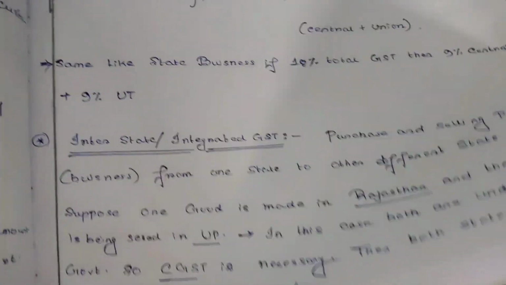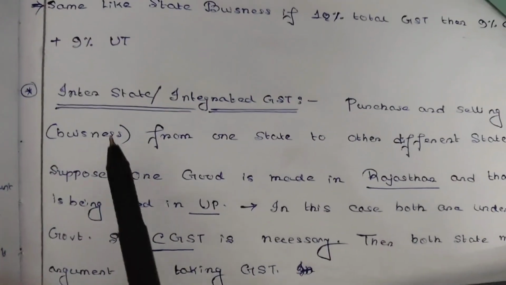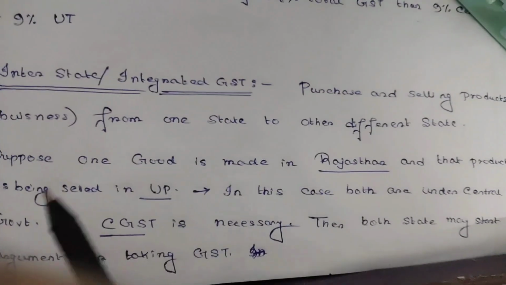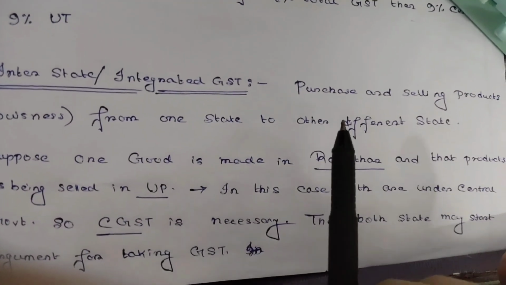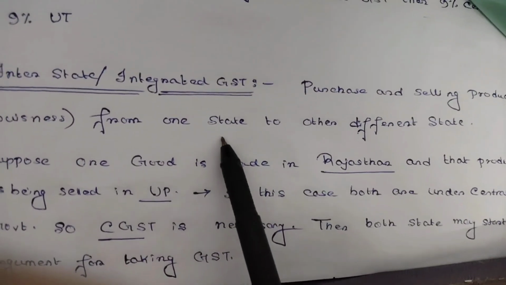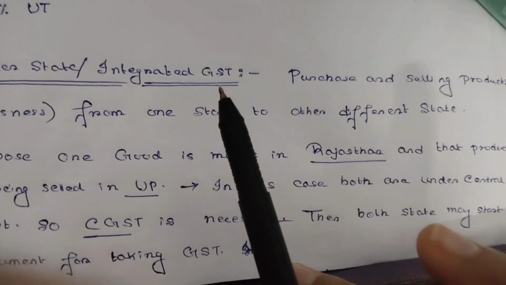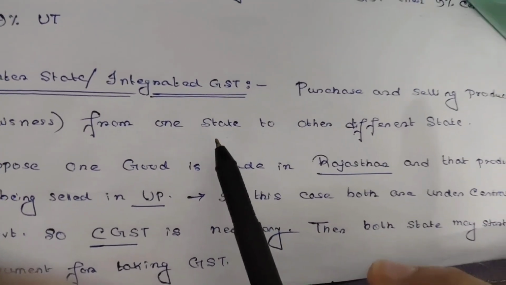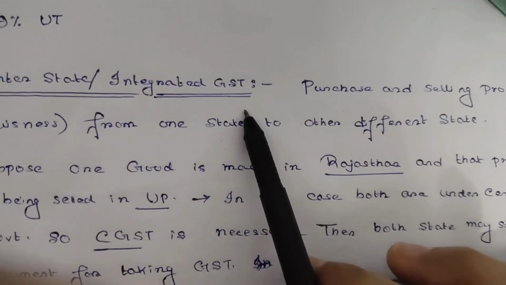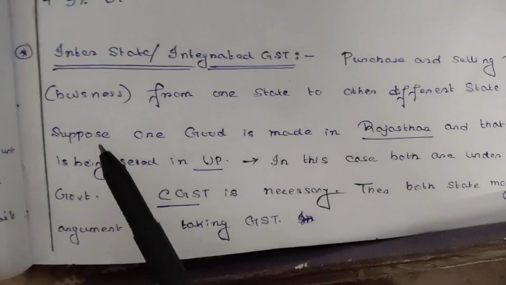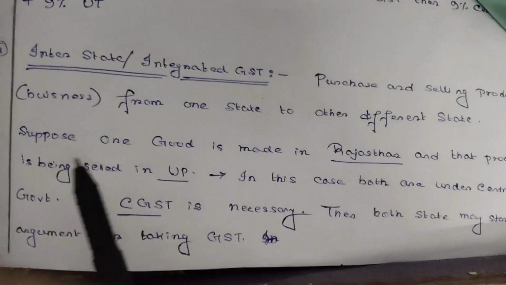Now, this is very important, that is interstate or integrated GST, purchase and selling products or business from one state to another different state. Just like Bihar, okay, in case of Bihar state, there will be 2 GST. One is for central, that is must, and one will be for state. Okay, but just take an example.